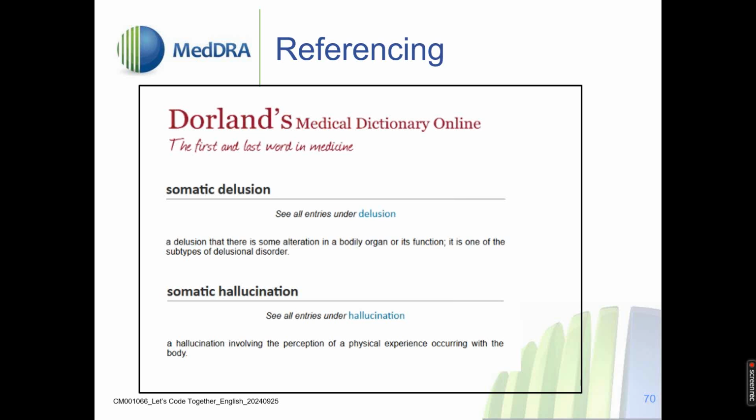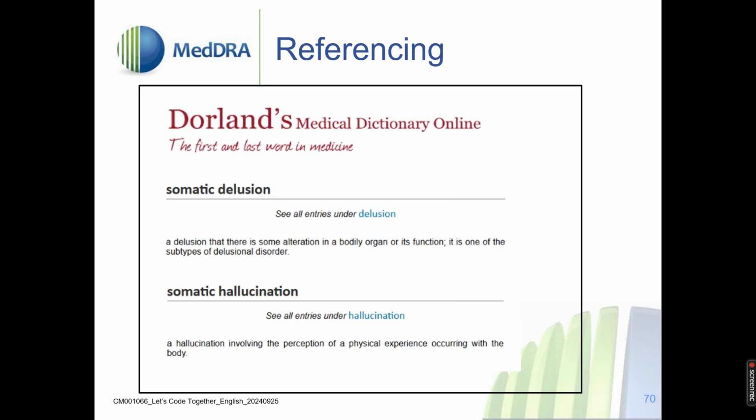So remember, a delusion is a fixed irrational belief, some kind of belief despite evidence to the contrary. A delusion that there is some alteration in a bodily function or organ, and one of the subtypes of a delusional disorder.